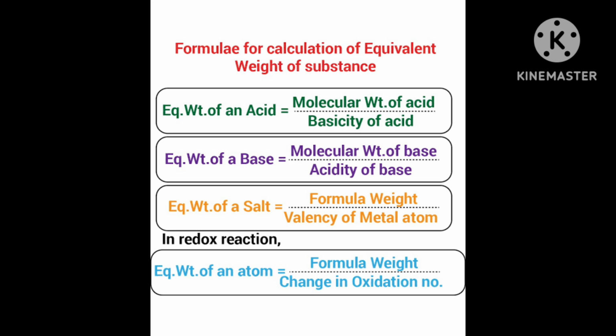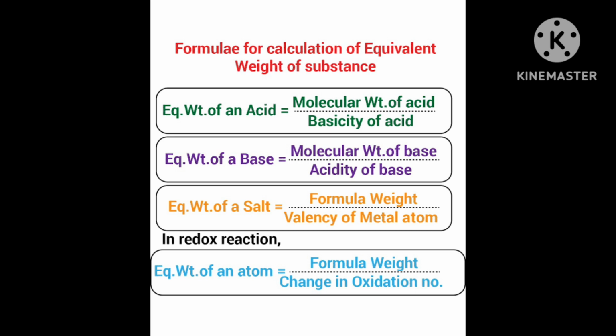That weight which can combine with hydrogen, oxygen and chlorine, with any one, is the equivalent mass. Don't forget 1.008 in case of hydrogen, 8 gram in case of oxygen, 35.5 in case of chlorine.